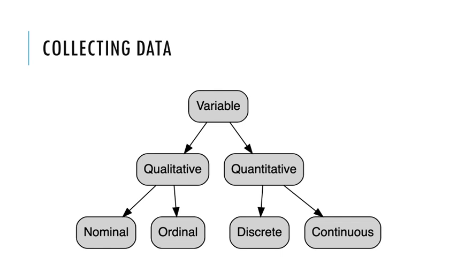And then on the left, my qualitative data is either nominal, it's used to divide, but it's not rankable, or it's ordinal, where it's still descriptive, but I can rank. People who have bachelor's degrees have more education than people that have only high school degrees. So this is important for you to understand and get your brain around, and these are all definitions that we need to be able to work with.